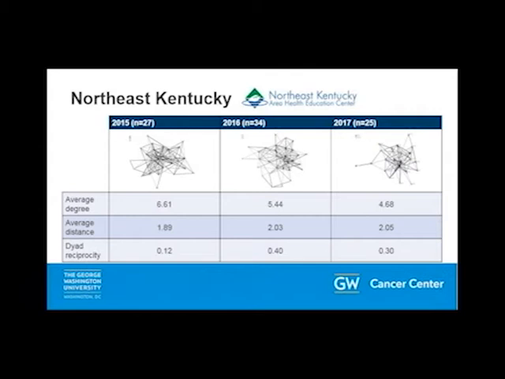So both average degree and distance indicators told us that the challenge for Kentucky would have been to strengthen those new relationships. But as you can see, dyad reciprocity increased from 12% in 2015 to 30% in 2017. So this means communication between participants became increasingly more reciprocal and that the conversations were materializing in a back and forth manner, and it wasn't just a one-way communication.